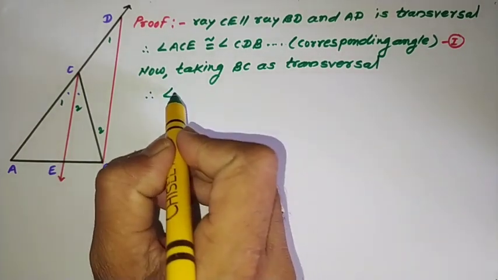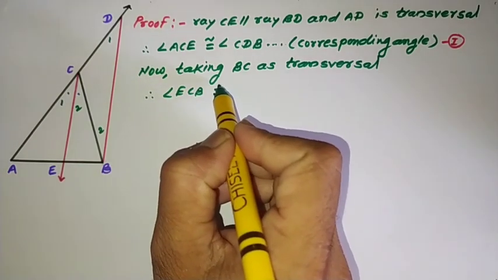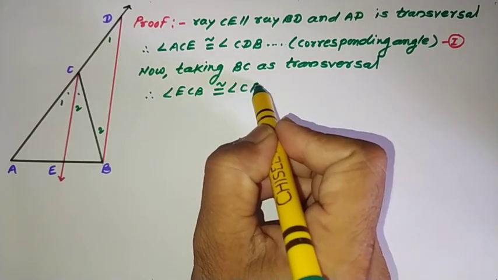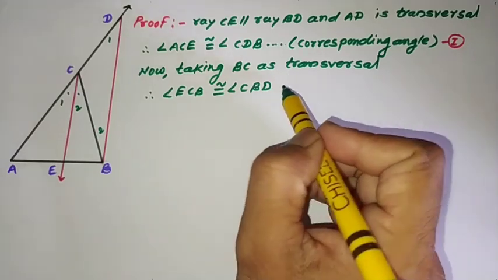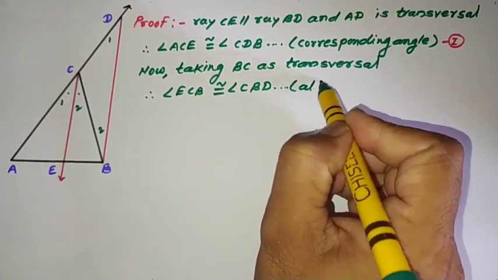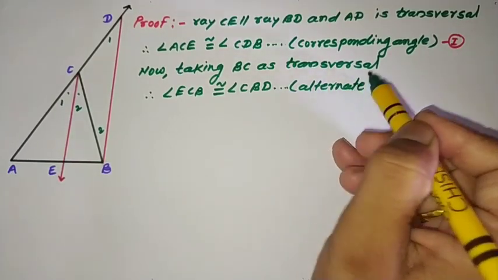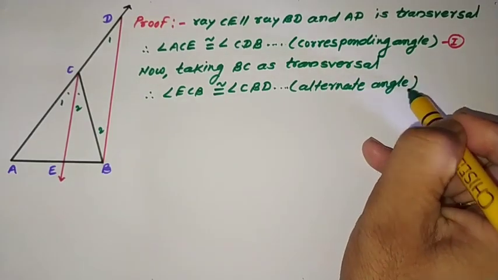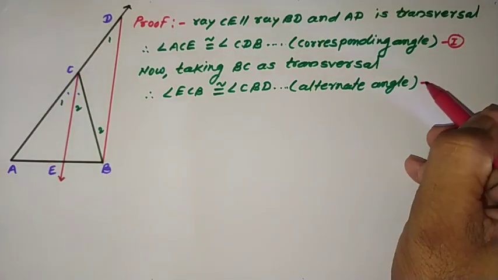Therefore, angle ECB is congruent to angle CBD, reason: alternate angles. This is statement second.